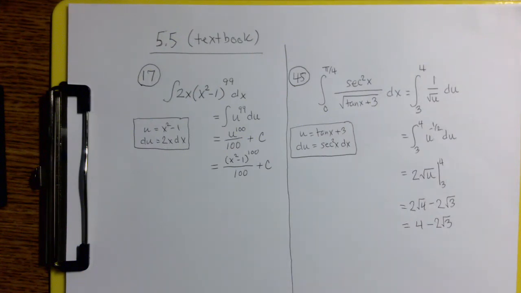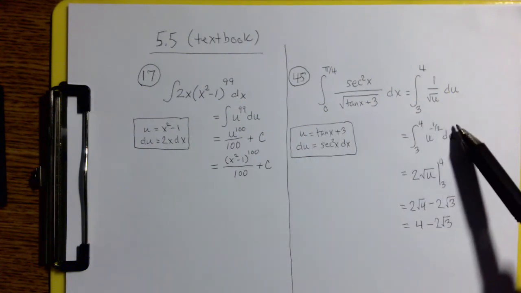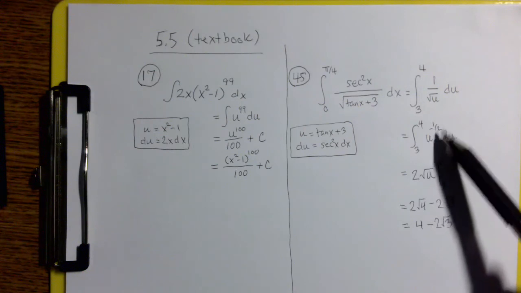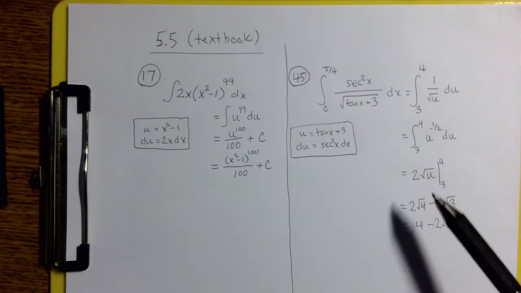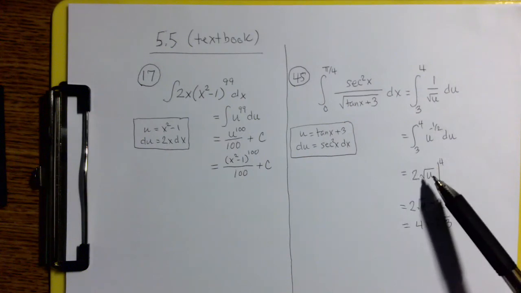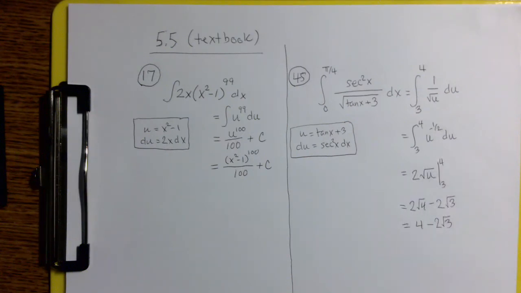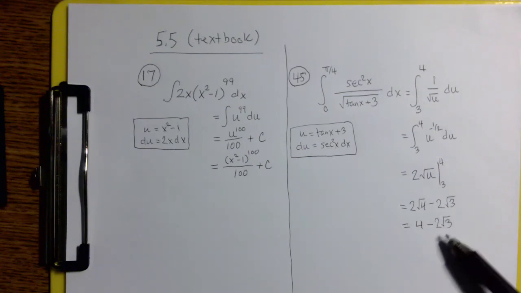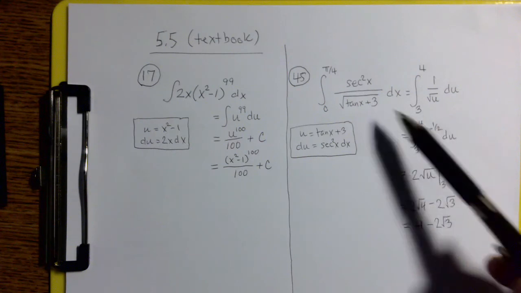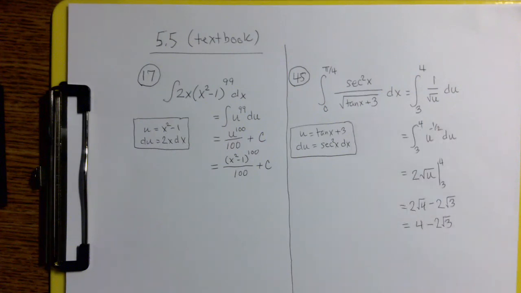That is something to keep in mind when you have a definite integral. Okay, so we continue through this process. I just rewrote the u to the negative 1/2 in place of what we had up here. Then I found the antiderivative so that I can use the fundamental theorem of calculus. And then we go through and finish that process. Notice I never went back to x.